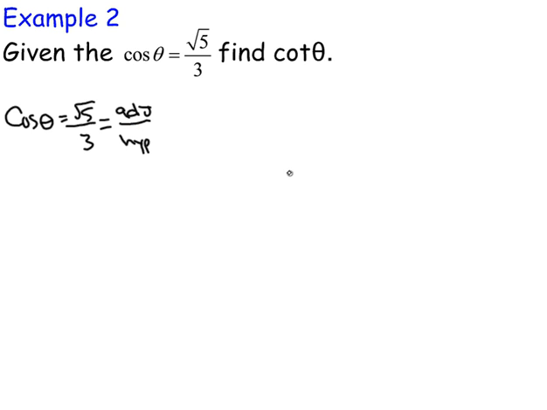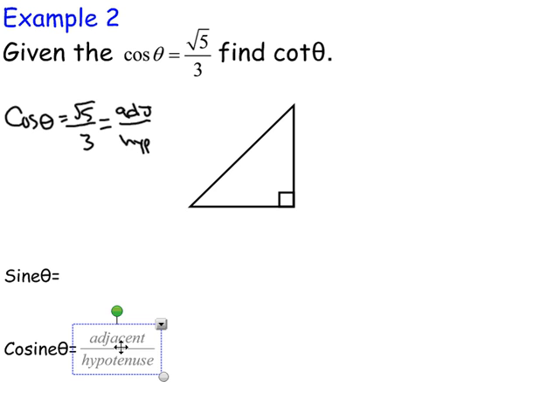So our right triangle should look like this. By the way, why did I say they're giving us the adjacent side and the hypotenuse? Well, that's because the cosine of theta is adjacent over hypotenuse.